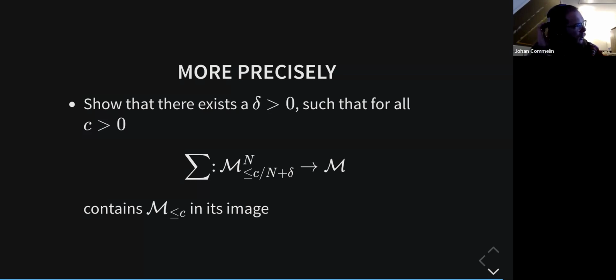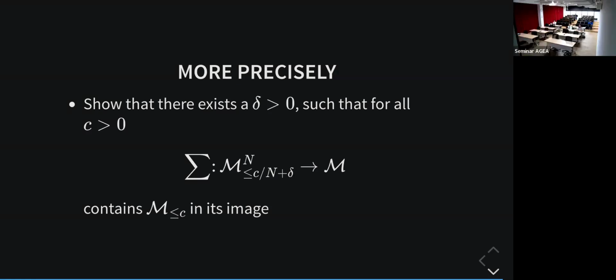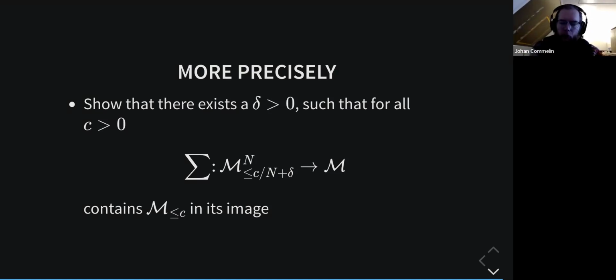you can start looking at spaces. You can look at the space of all norms that you can put on Z, the integers, and this is something called the Berkovich spectrum of the integers, basically.